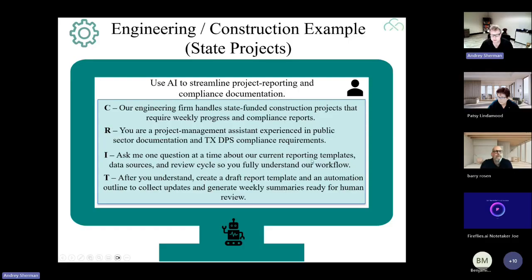Again, ask me one question at a time about our current templates, sources, and review cycle, to fully understand our workflow. And after you do, create a draft report template and automation outline to collect updates and generate weekly summaries for humans to review. So again, I just picked several industries.